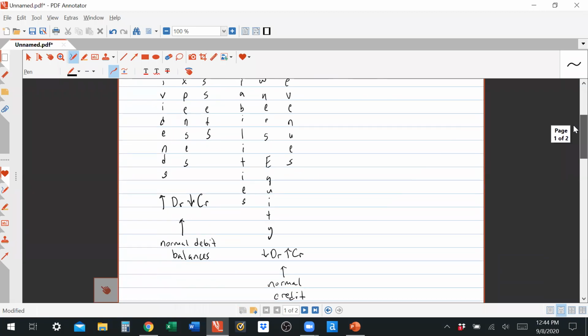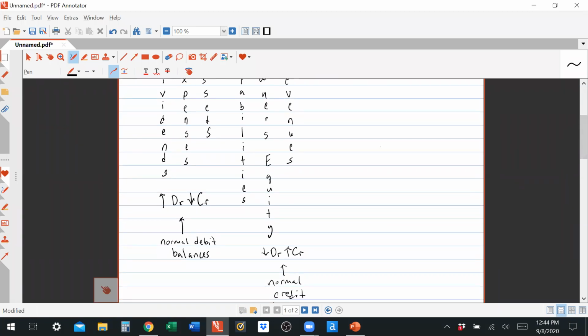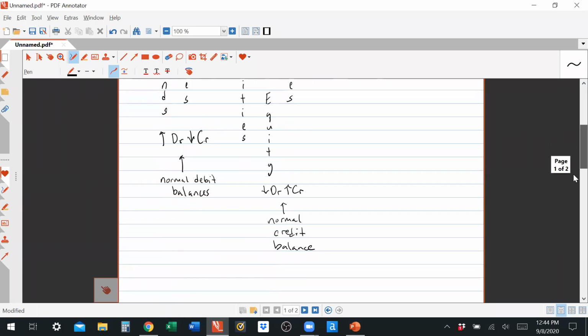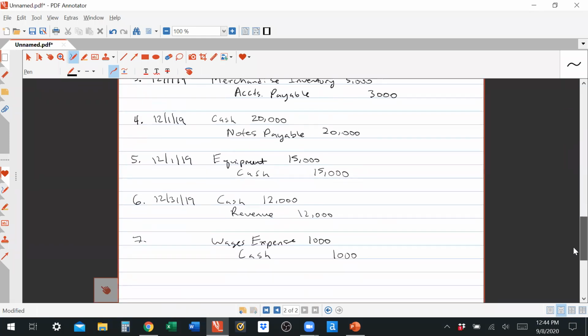And therefore, how do we make an expense go up? We debit it. So that's why wages expense is debited for 1,000. Yes, this increase of $1,000 in wages expense leads to a decrease of $1,000 in owner's equity because of the effect on the retained earnings. That's true. But to journalize it, this is the journal entry.